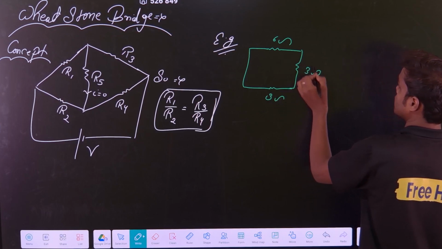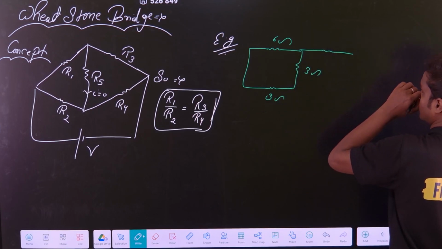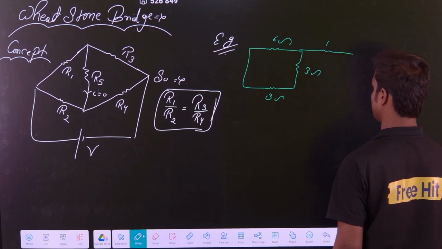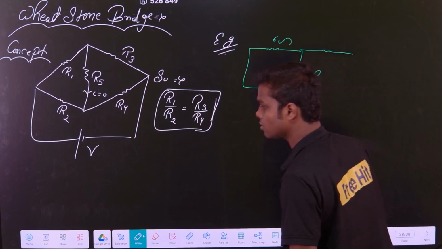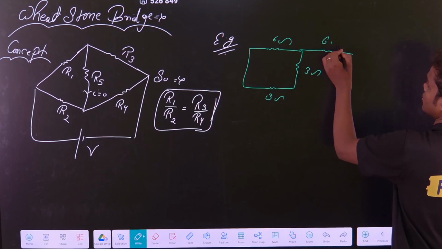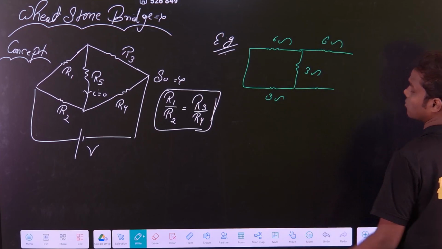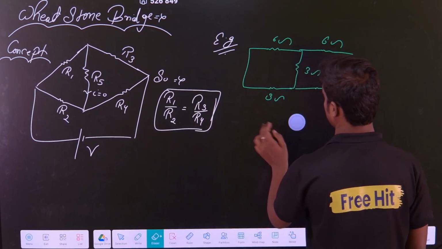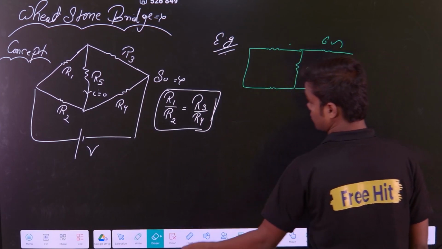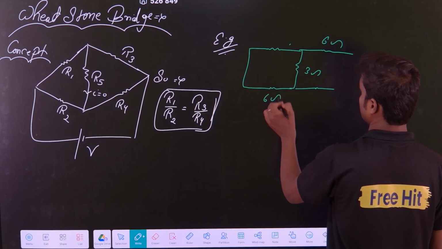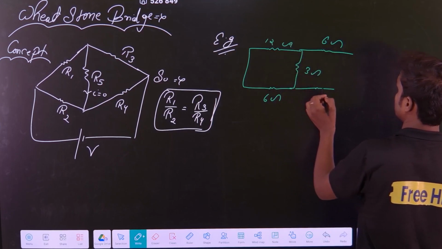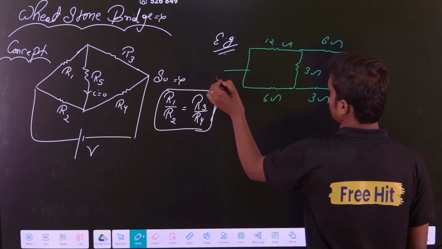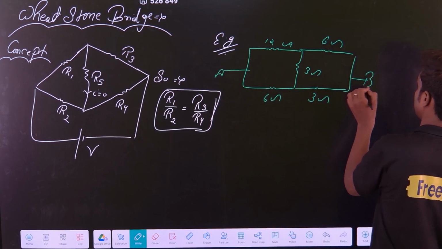They have connected a 3 ohm resistance here, and this is 12 ohm, and this is 3 ohm. This is my point A, and this is my point B.